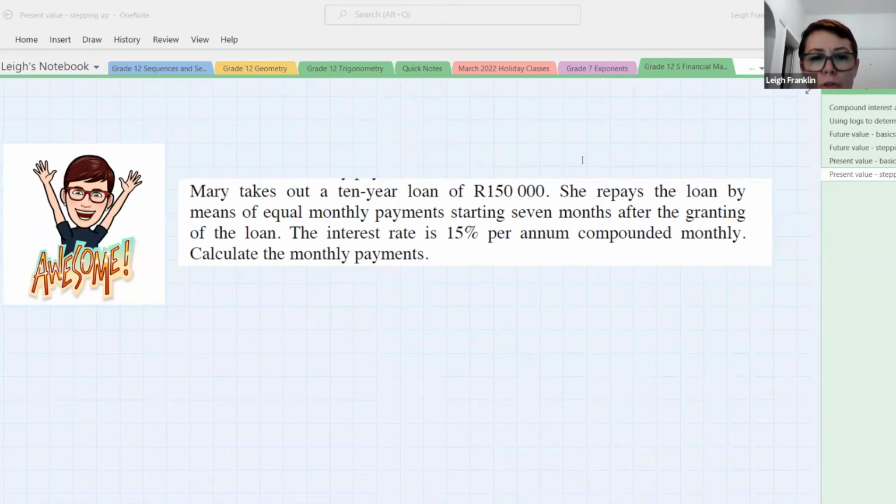Okay, I'll let you try and answer this question then. We've had a little bit of a discussion about it. So the loan has to grow and the number of payments that she's made have to be reduced. So you've got that part right.